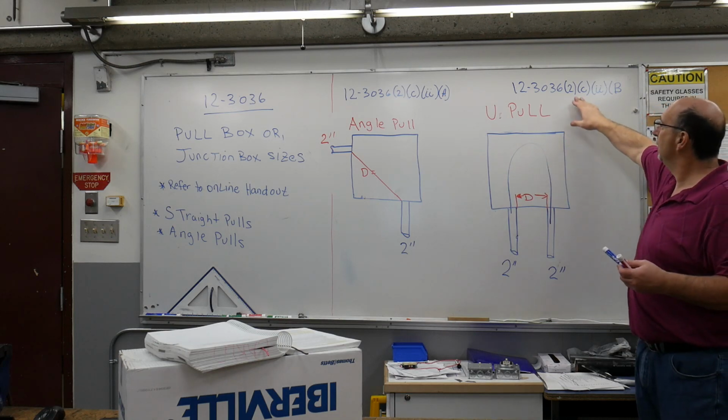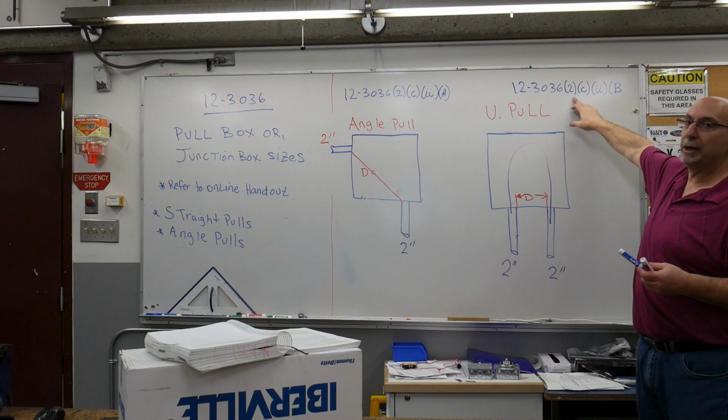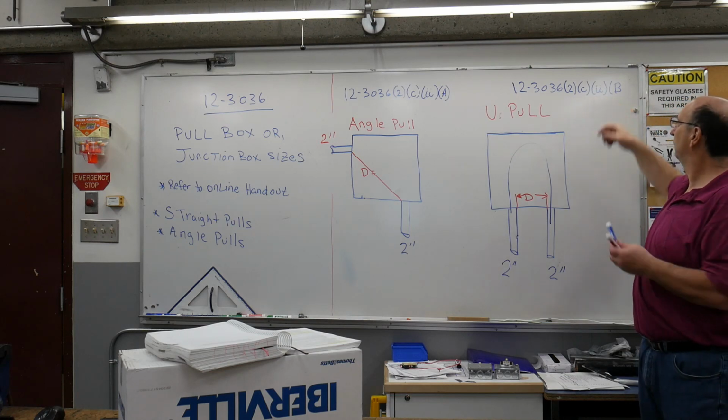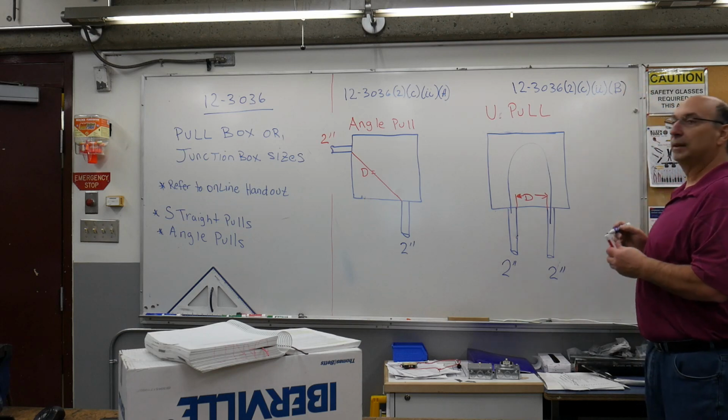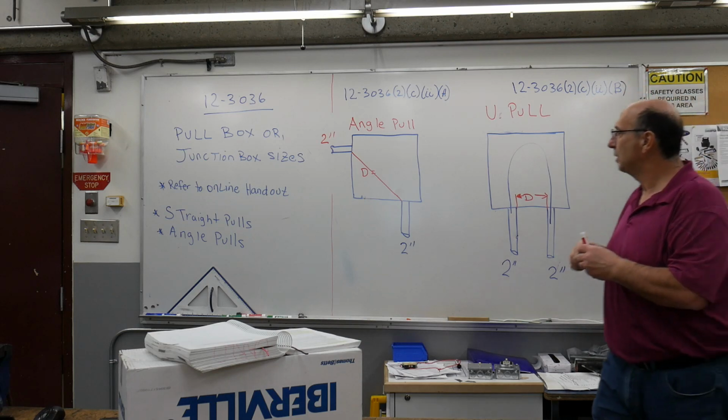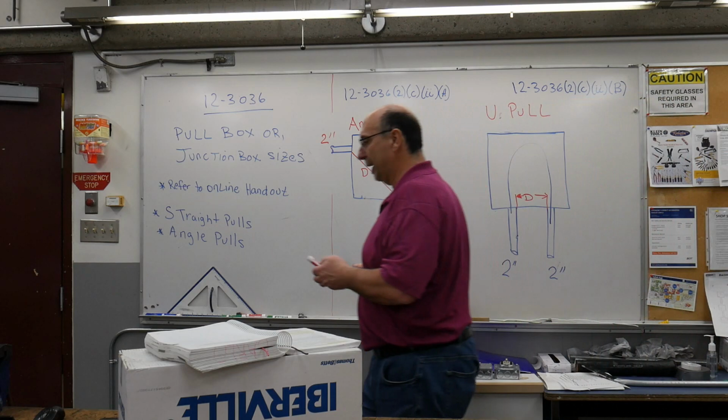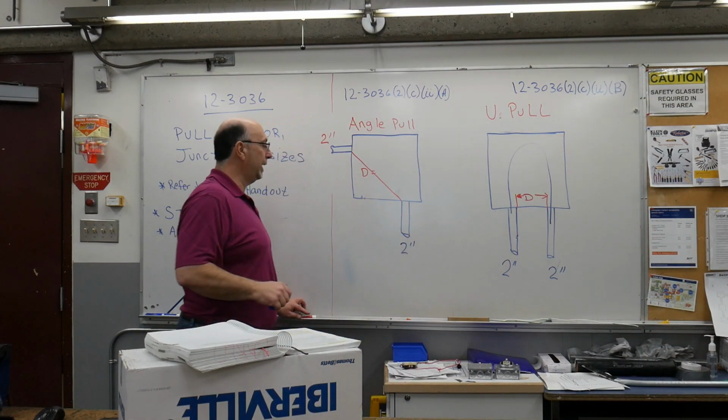So on the U-pull, we are going to use 12-3036 2CII capital B. So first of all, let's take a look at this question right here.